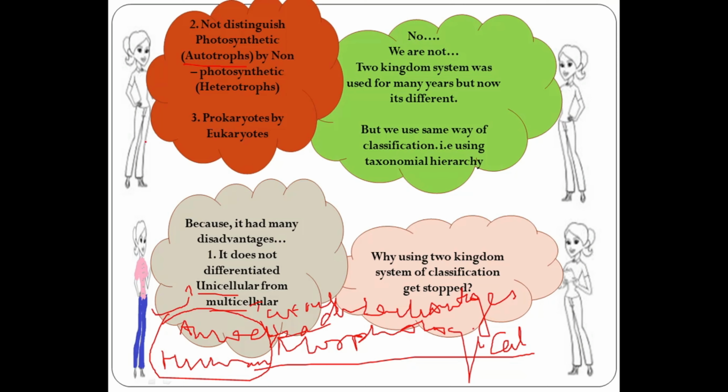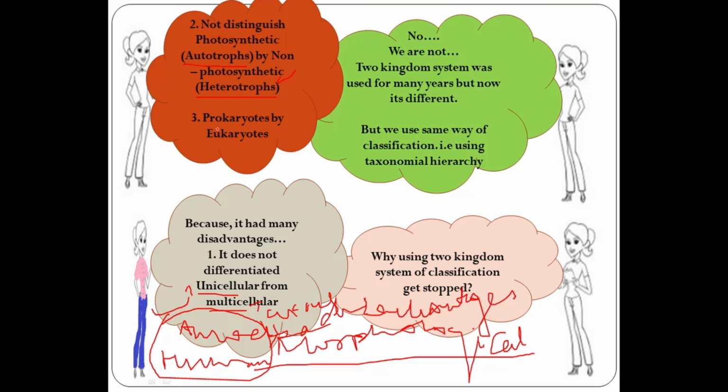Heterotrophs, for example fungi, cannot prepare their food. They totally depend upon dead and decaying materials. All together he kept them under the same group, and this was the disadvantage of Carolus Linnaeus's two-kingdom classification system.